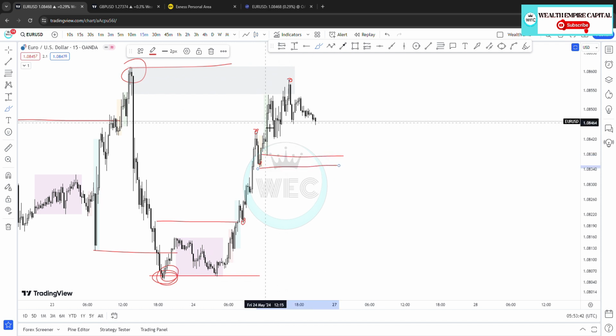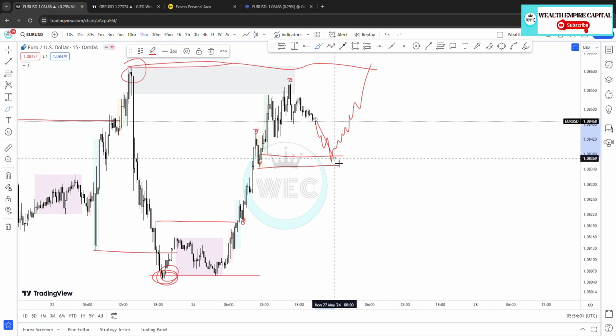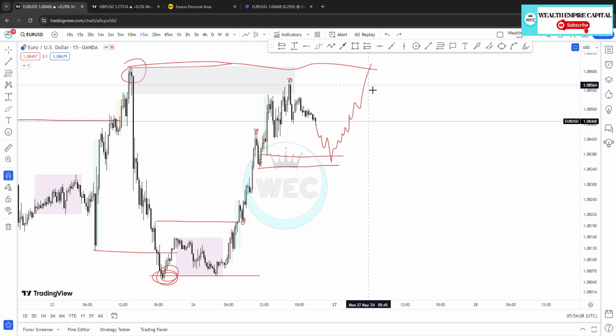What it means for me is that I can have price even come here like this, and then start pushing up like this, and then come and break this POI. You understand? I'm not expecting that anyway, but whatever price does, I need to accept it. By the time price comes in here, I may have taken some partials and moved to break even, so it coming back wouldn't be that painful.